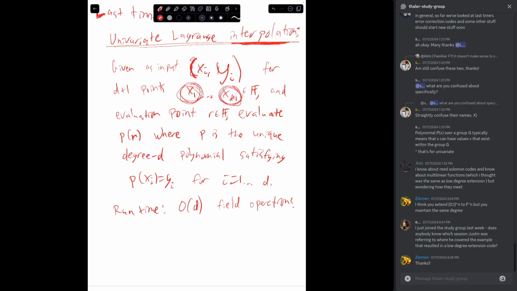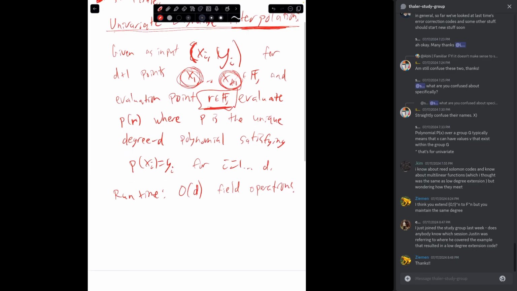The goal is to evaluate that polynomial at a random point. At least the way I present it, it's just an algorithm to compute that evaluation of the specified polynomial at the requested point, and it runs in linear time.